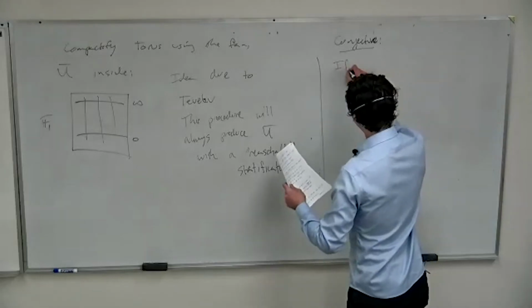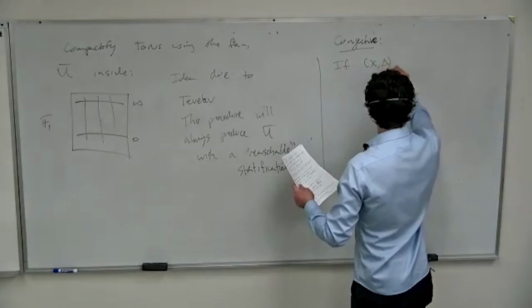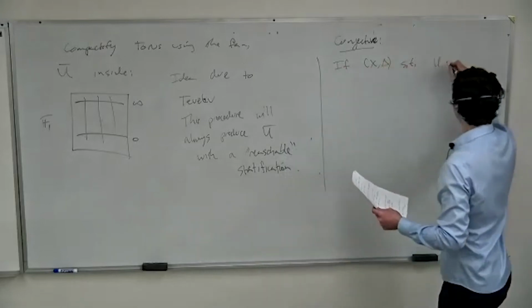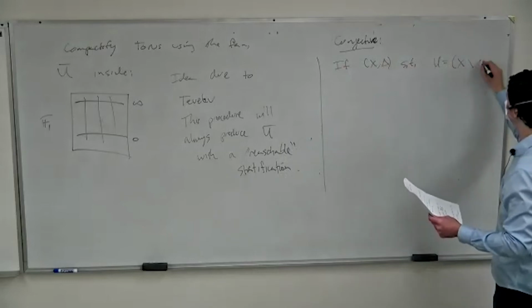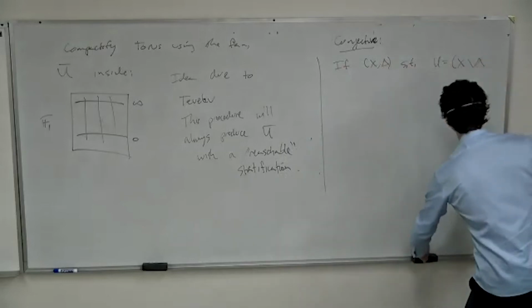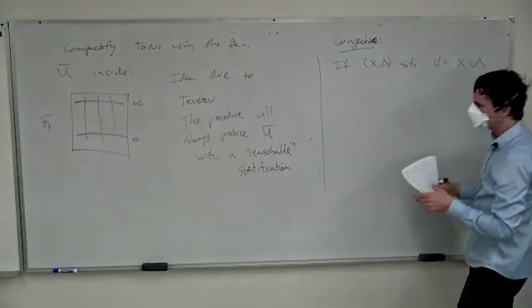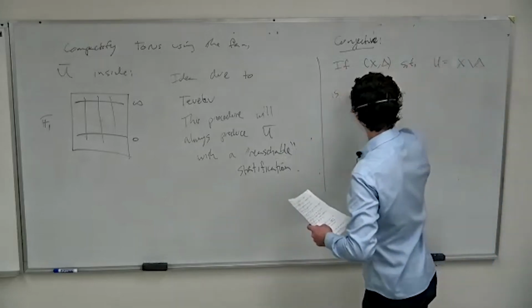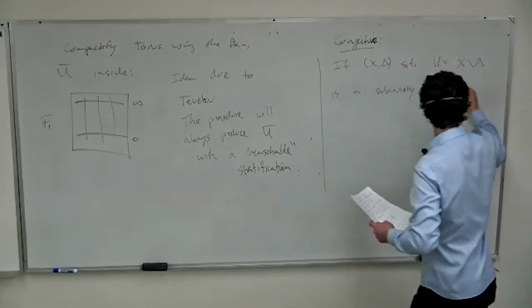The idea is that if you have a pair x delta such that if I remove the boundary, I get something very affine, that just means that U is a subvariety of a torus.